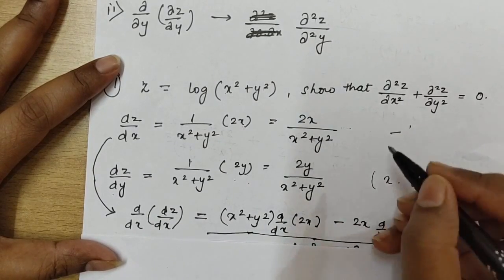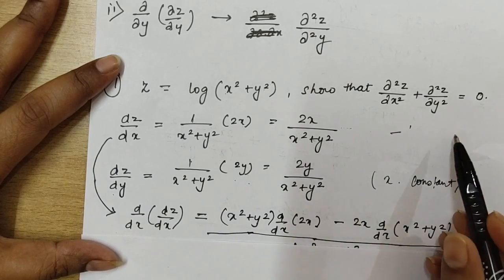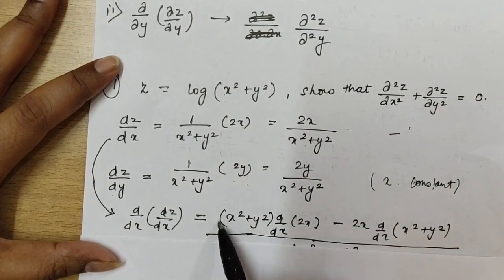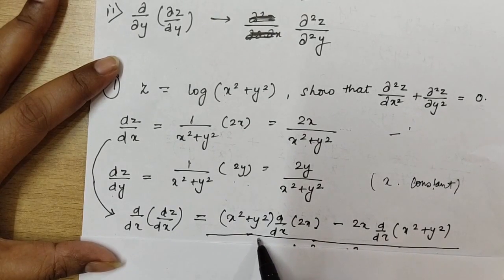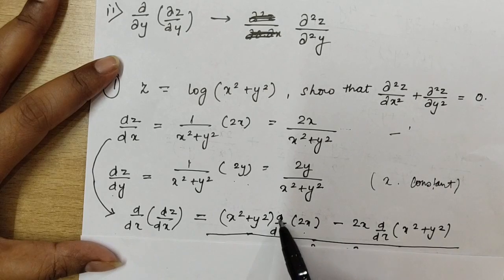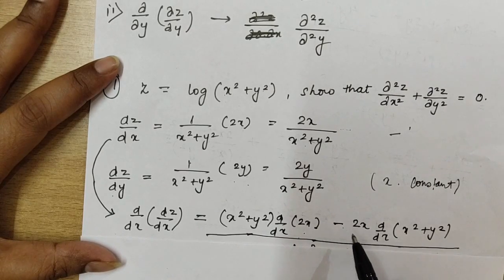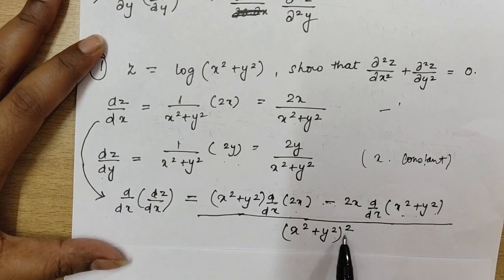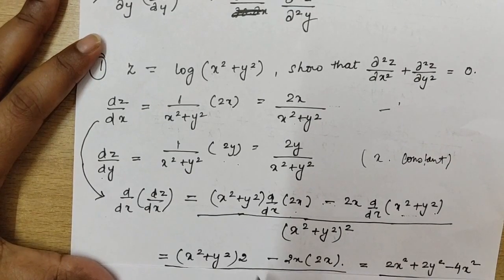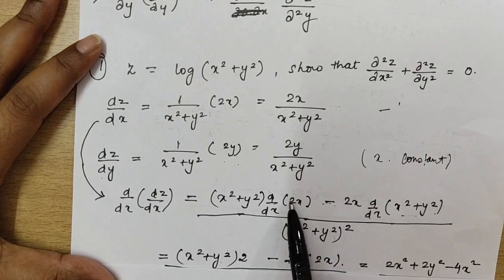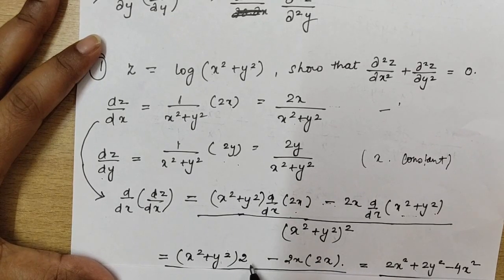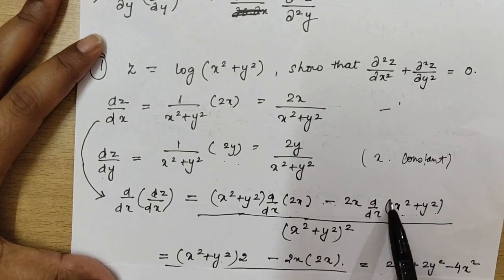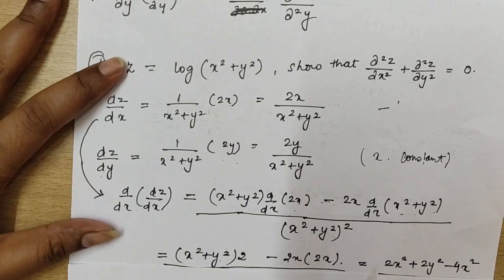So this is in the form of u by v. We apply the formula for differentiation of u by v. So we write the denominator first, x square plus y square, and we differentiate the numerator, delta by delta x. And then a minus sign, and then the numerator, and we differentiate the denominator, and according to the formula, then the square of the denominator. When we differentiate this, the result will be x square plus y square times 2, because 2x differentiates to 2, minus 2x times 2x, and y will be 0 because we are differentiating with respect to x.